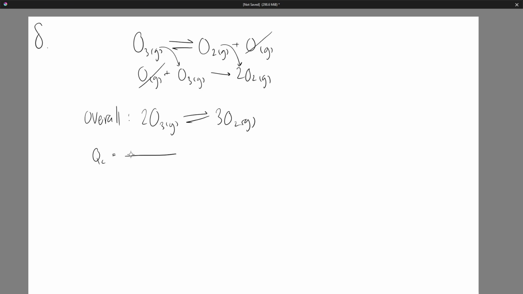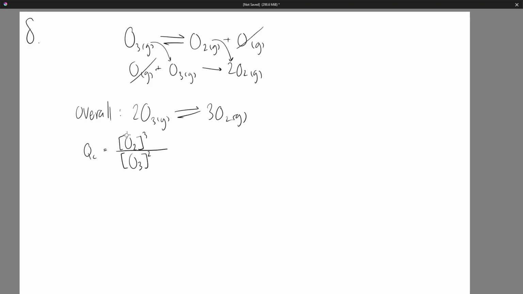Remember, it's concentration of products and their coefficient as exponents over the concentration of reactants and their coefficient as exponents. So we want each step's QC right here to be equal to the overall's QC.